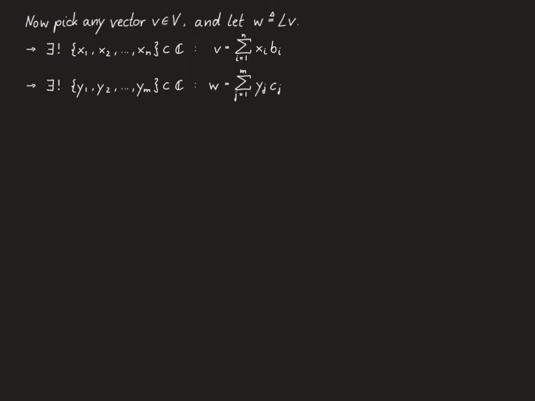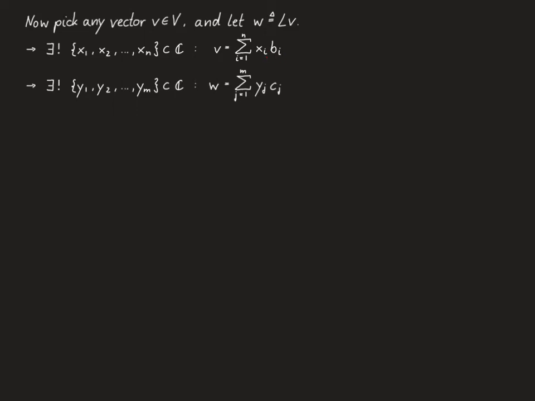Now pick any vector v in the vector space V and let the vector w be the image of v under the linear map L. Since the set of vectors bi form a basis for V, there exists a unique set of scalars x1 through xn such that v can be written as the sum over the index i from 1 to n of xi bi.